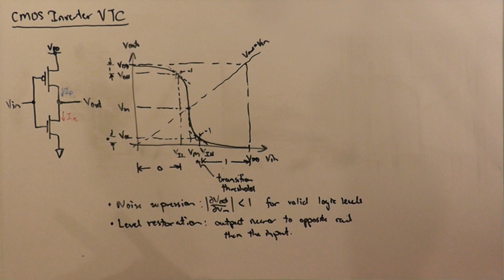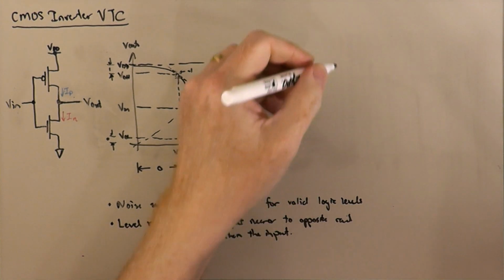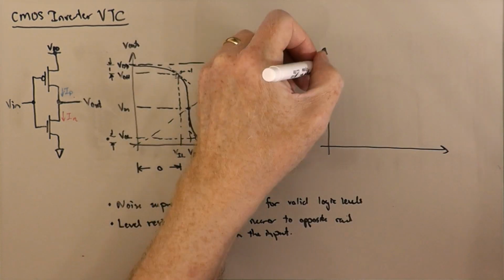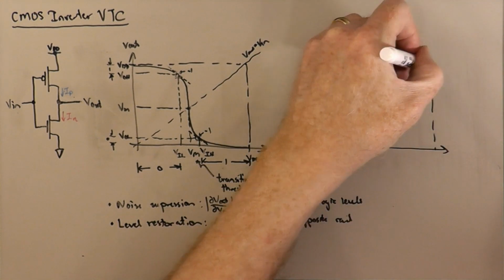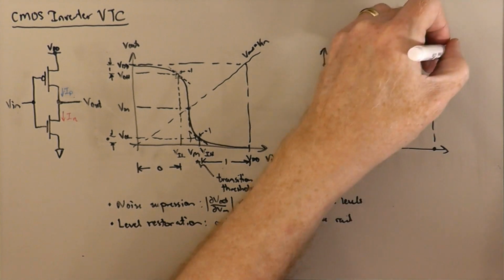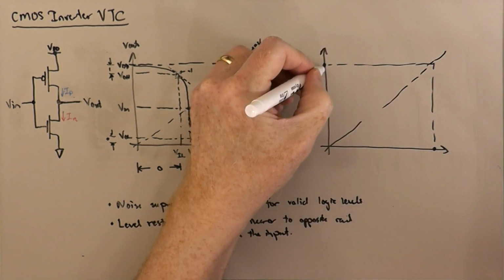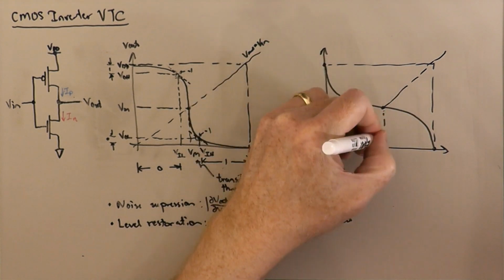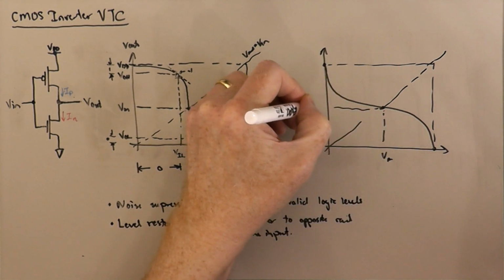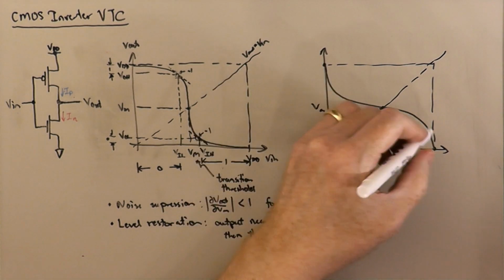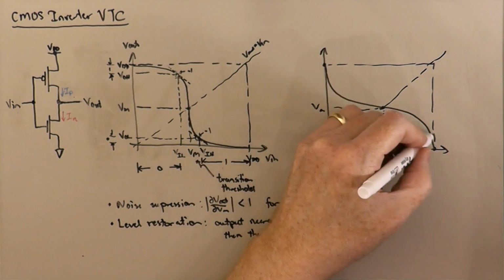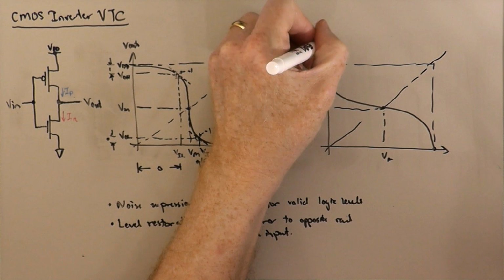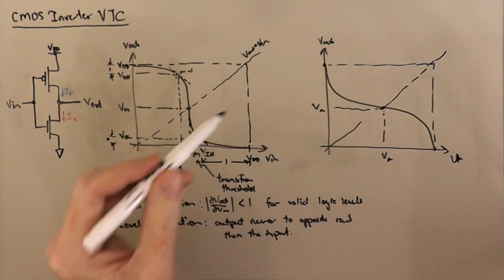In fact, if we were able to somehow build a circuit that had a VTC that looked more like, say, something like this, maybe some funky curve like that, where we had a transition threshold Vm here, and we had a shallow slope in the middle and steep slopes on the edges, we would have just the opposite sort of properties.